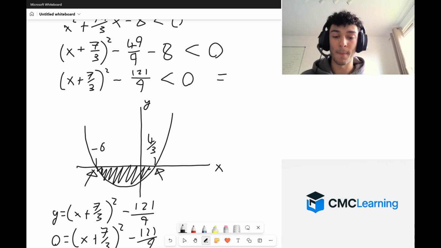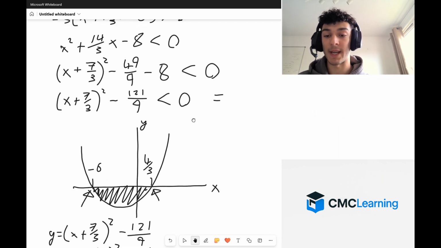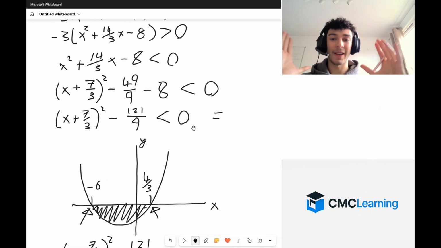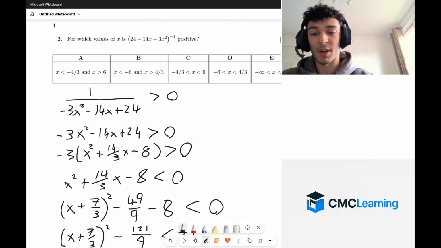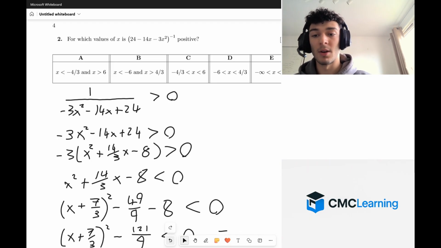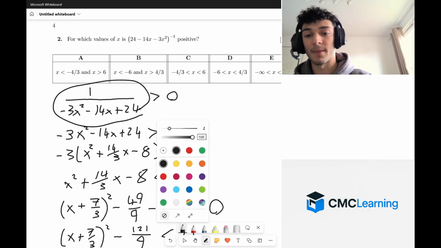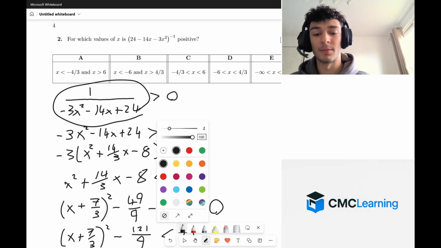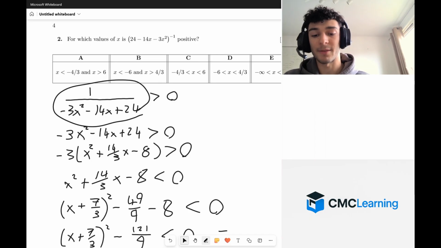Let's just recontextualize what we've done here. Essentially, we figured out when this expression over here is negative, which in turn makes the denominator of our expression up here positive, so our whole fraction becomes positive because we have a positive numerator as well.